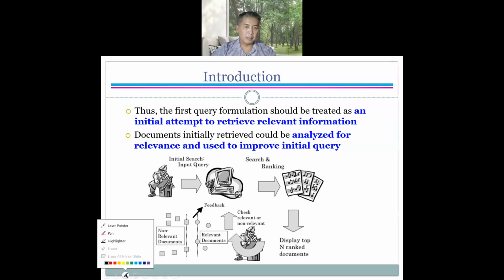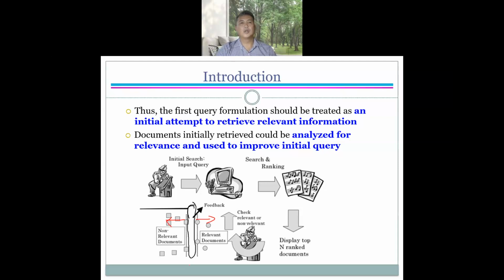We are trying to establish this boundary, which one is the relevant document and which one is not relevant. This is what we call the process of finding relevant documents.